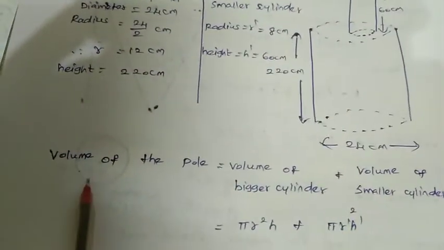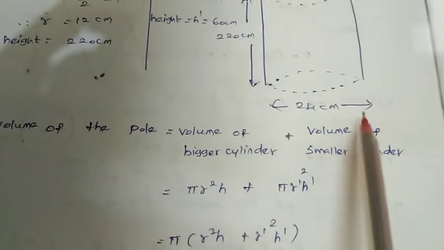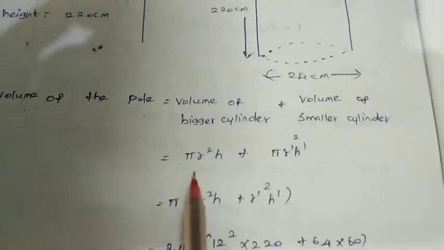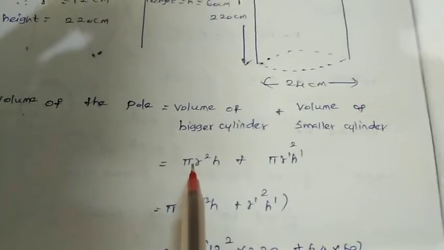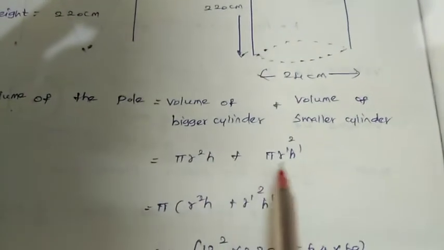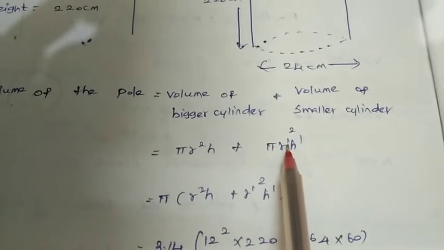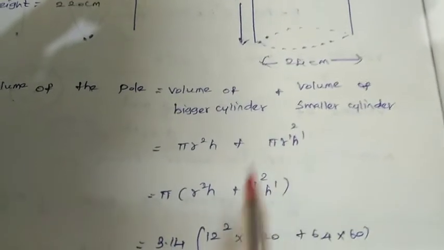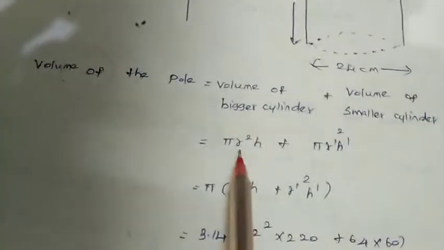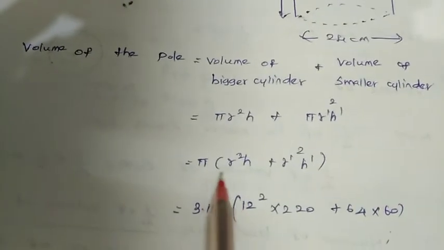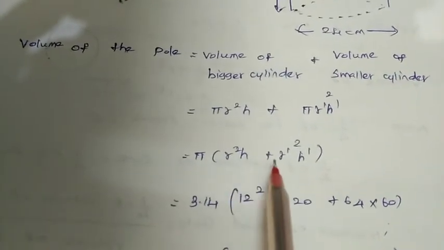Now we need to find the volume. Volume of the pole equals volume of the bigger cylinder plus volume of the smaller cylinder, that is pi r squared h plus pi r dash squared h dash.